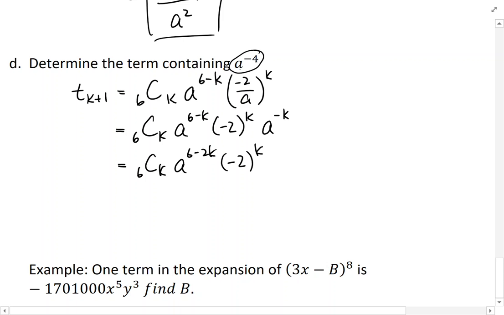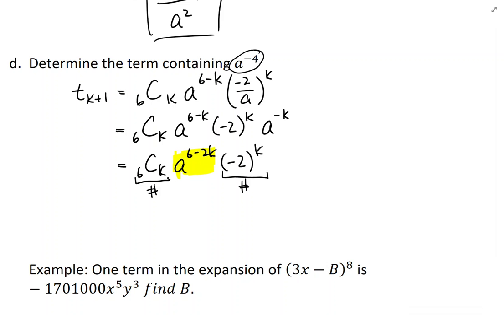As I mentioned, since we're looking for just the part with base a, we know that this part is just going to be some number. And this part here is also just some number. So it's really just this middle portion that will actually get to the negative 4.